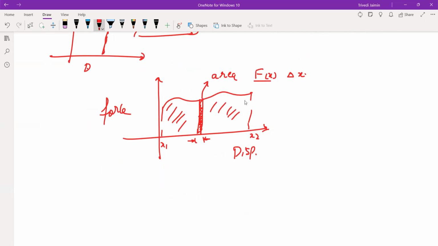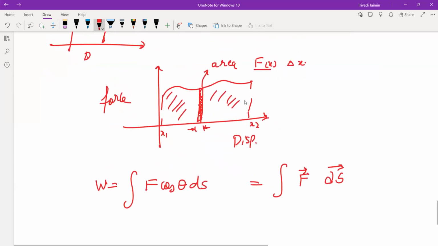What would be the limits of integration? What will be the limits of integration? How to find limits?